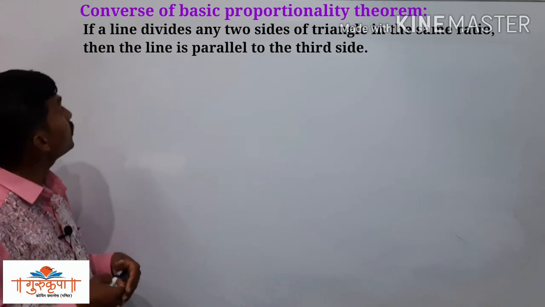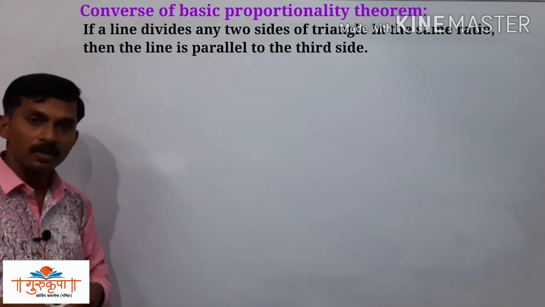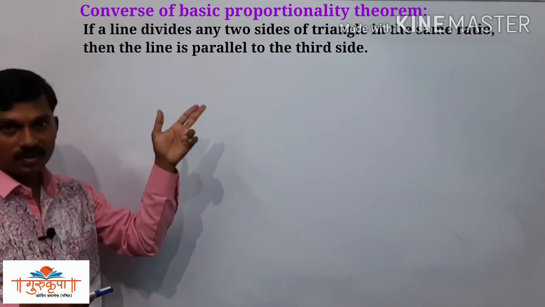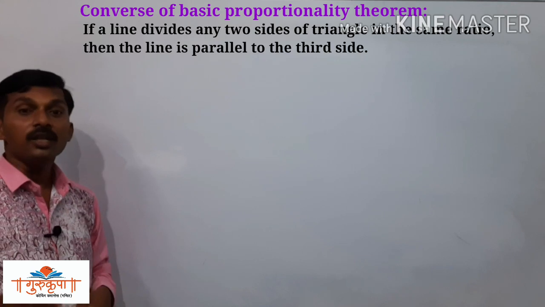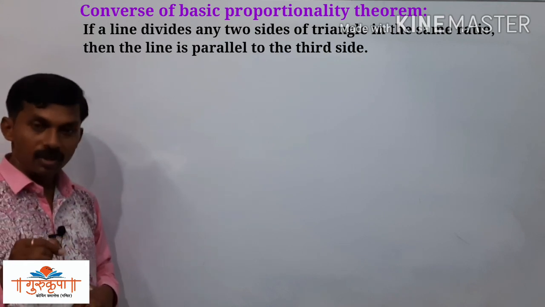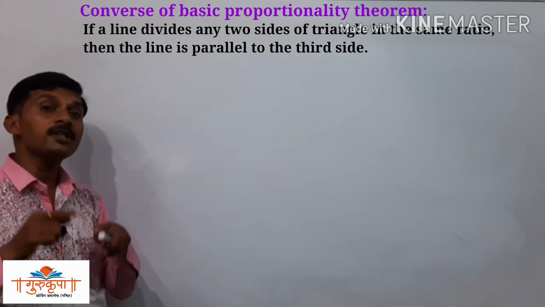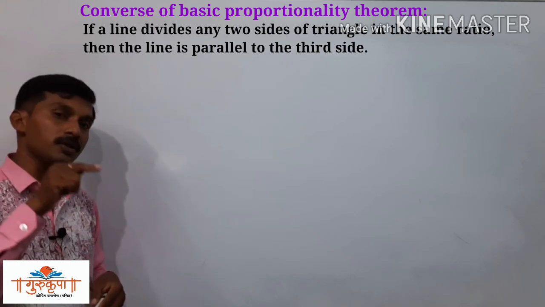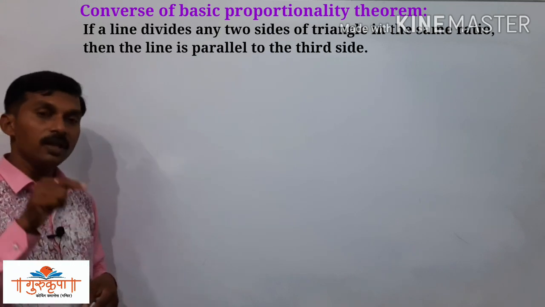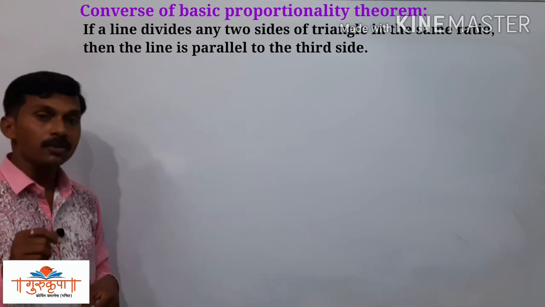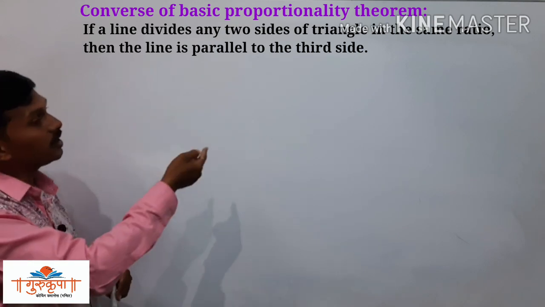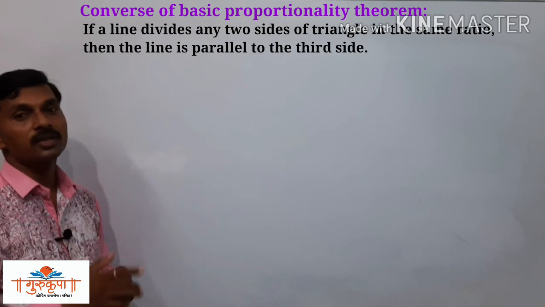So what is the statement of converse that we have to write first? The statement of the converse: if a line divides the two sides of the triangle proportionally, then that line is parallel to the third side.